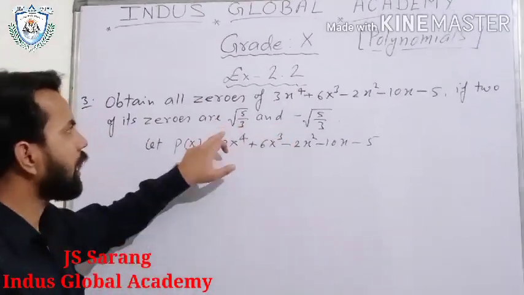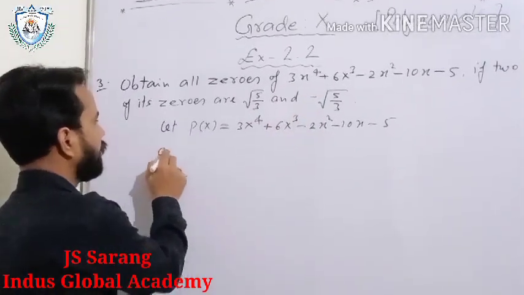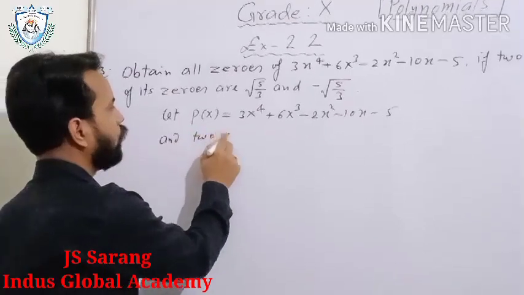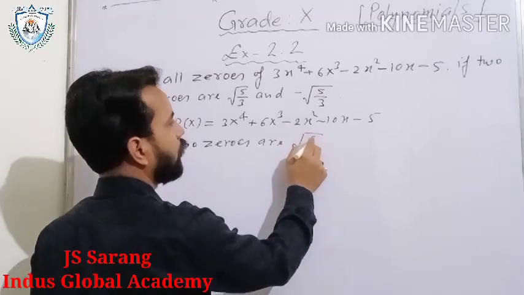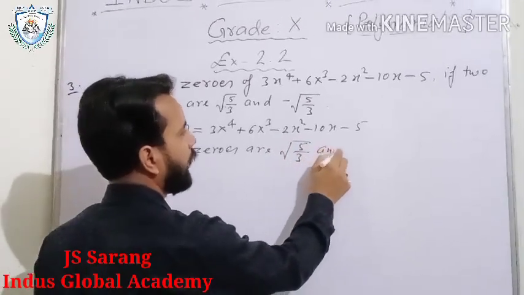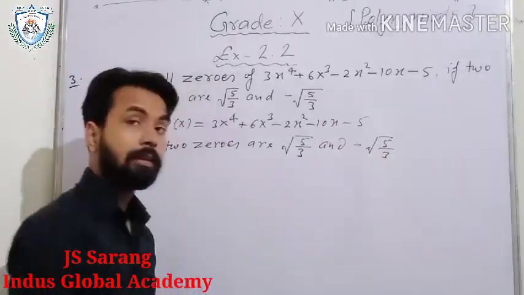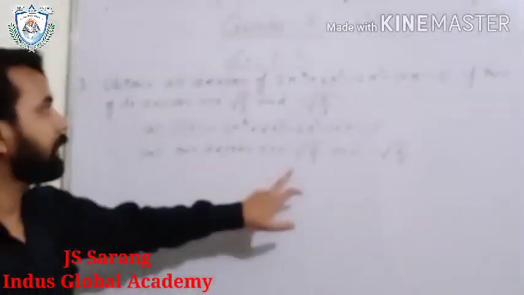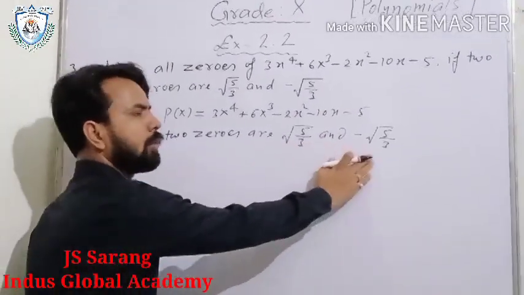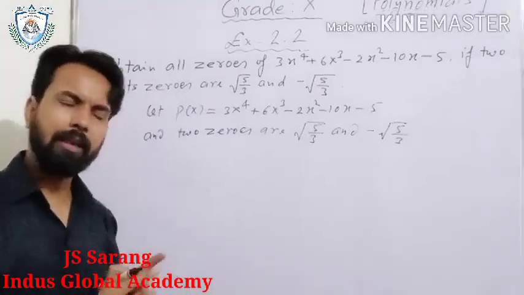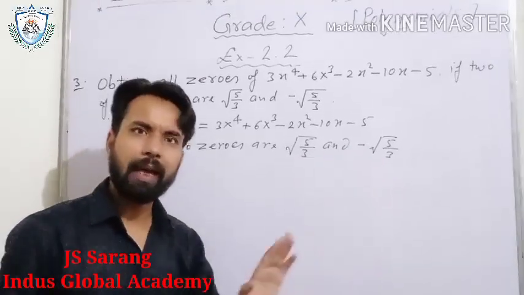And the given zeros are under root 5 upon 3 and negative under root 5 upon 3. Now the concept starts from here. If these are the two zeros, then we will subtract these zeros from x. In this type of question, we will subtract the given zeros from x.